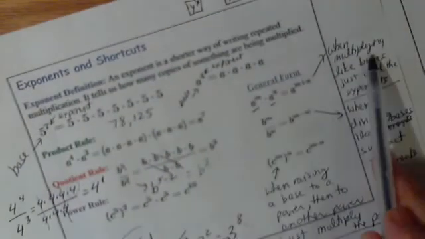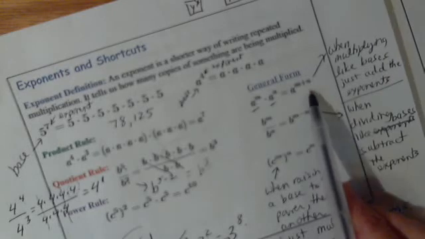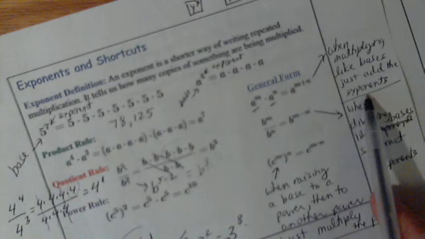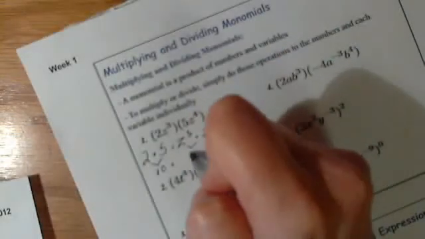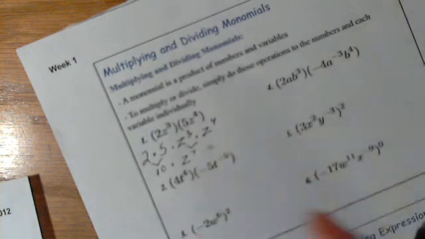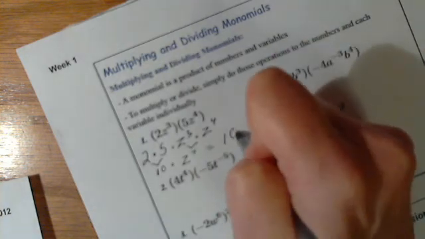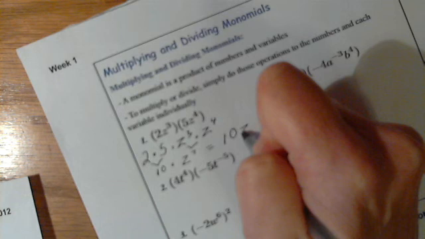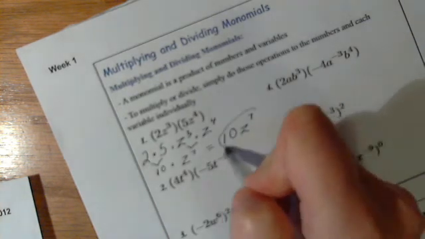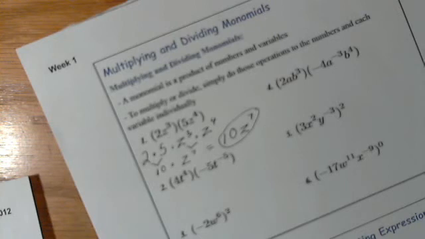I go back to the rules I learned in the last videos, and when I'm multiplying like bases, I just add the exponents. So z to the third power times z to the fourth power is z to the seventh power. We're too lazy to write the times sign in between, so the final answer is just 10z to the seventh power. Done.